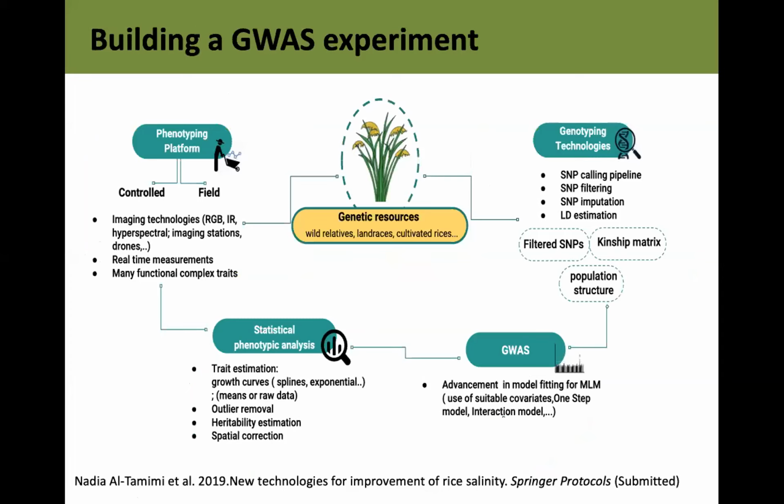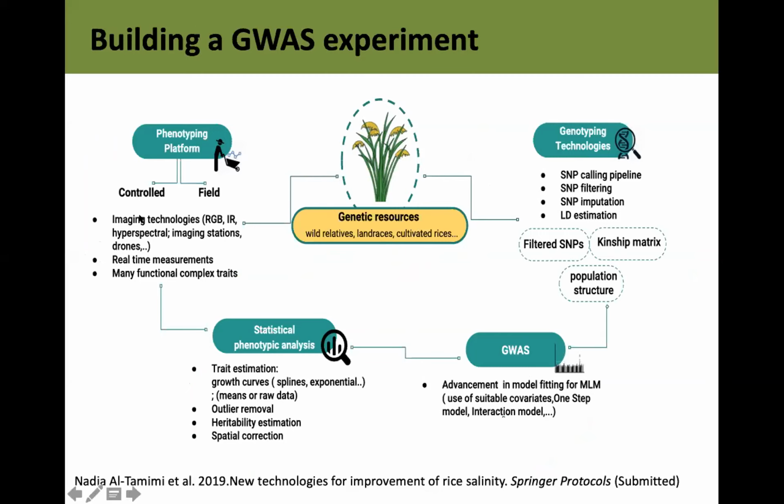So what do you need to build a GWAS experiment, this type of forward genetics? You need to consider the genetic resources. So I'm using a diversity panel. You can use a NAM population, wild relatives, landraces. These are the things that you need to consider. And then what type of phenotyping platform are you using? Are you using the conventional methods or high throughput methods in the field, or is it in controlled conditions?